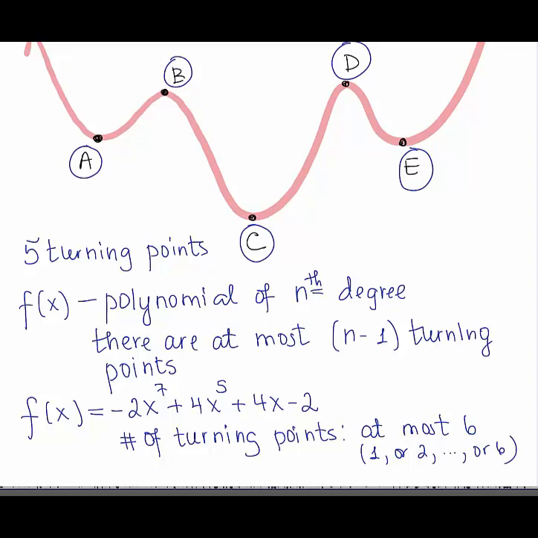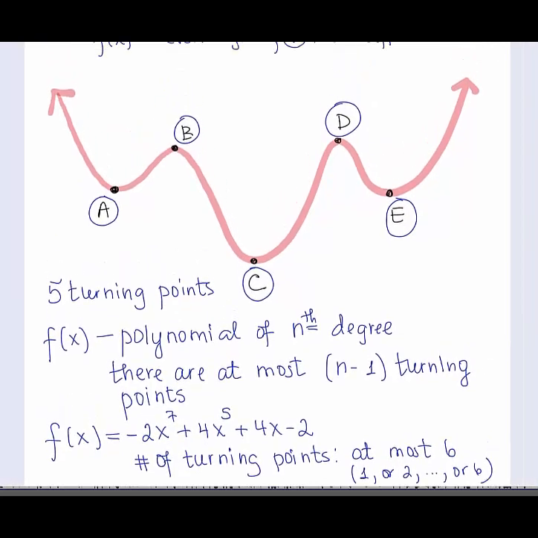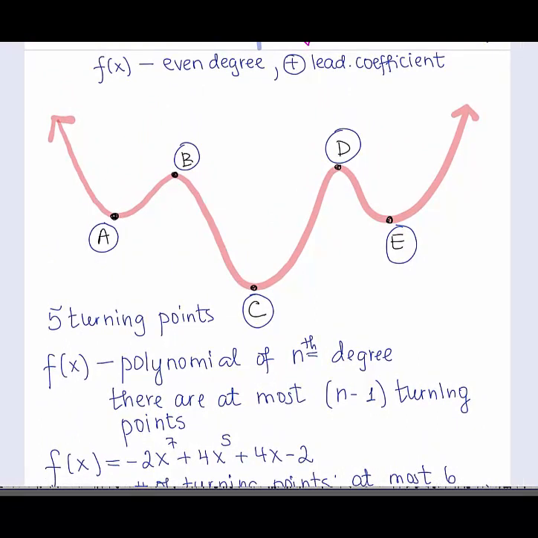Having said that, now we can see how it works the other way around. If I have a sketch of this type, I count how many points I have. I have 5 turning points. I know for sure that this polynomial is of even degree. What is the degree?